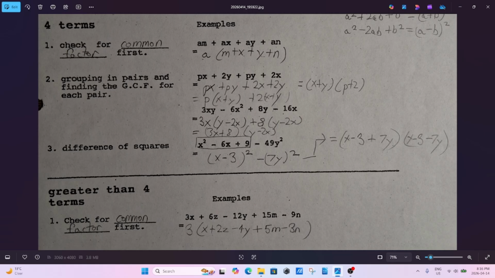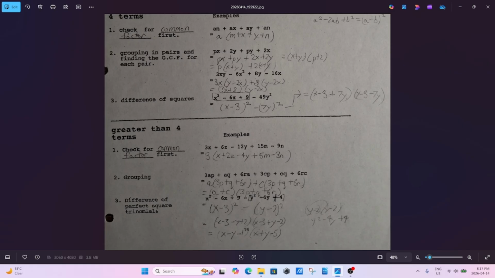And then we see 49y squared, that's just 7y squared. So it becomes a difference of squares. And so that is just a minus b, a plus b, so that is x minus 3, that's a, plus 7y, that's b, and then x minus 3, that is a, and now you minus b, which is 7y.